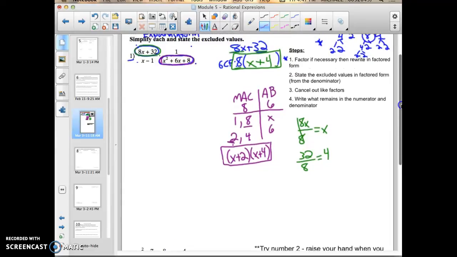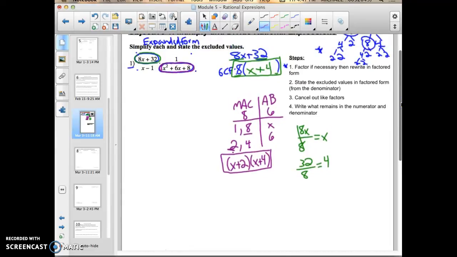So the first step is probably the longest and most important because I needed to factor, and now I need to rewrite it in factored form. So please label your factored form so I can see that. Factored form. My 8x plus 32 became 8 times x plus 4, so that's now my top left piece.